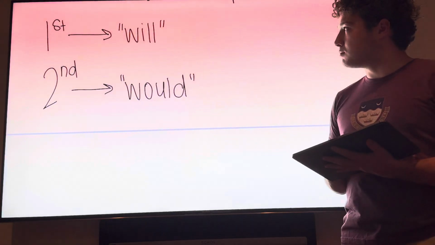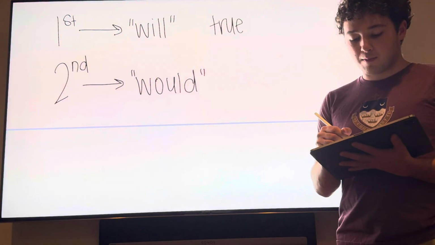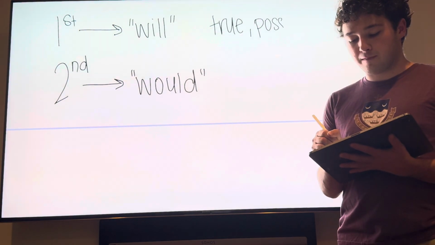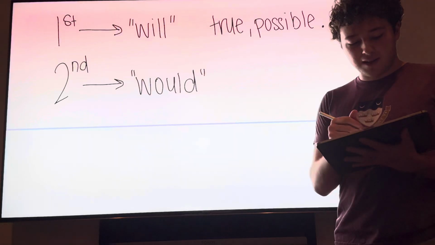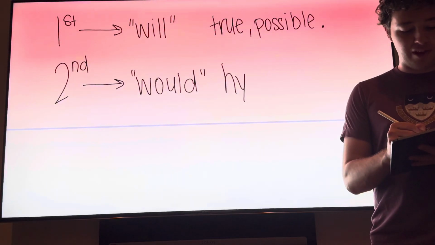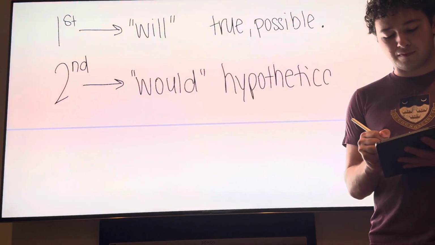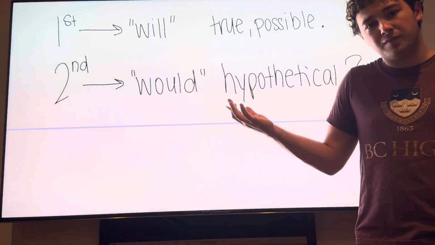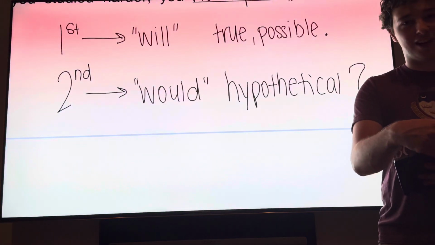And the first, the most important bit, is that it's true and possible. Period. Right? Whereas the second, it's hypothetical. So maybe. We don't know. So that concludes the first and second conditionals.